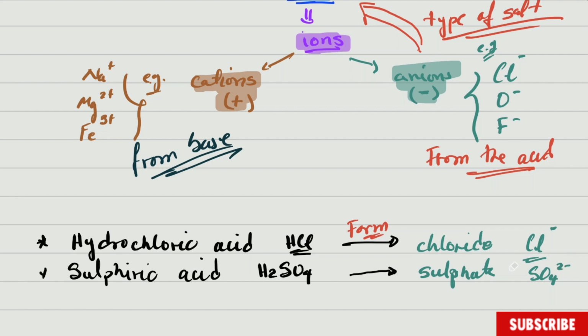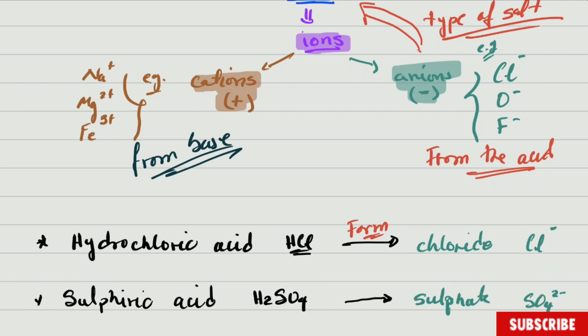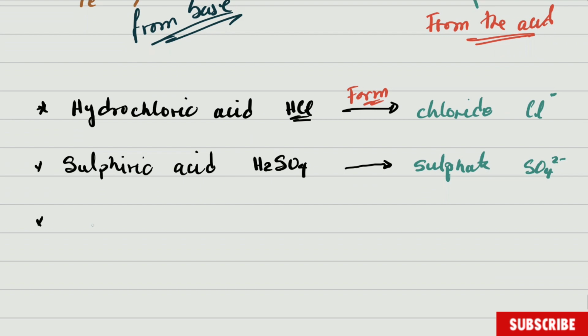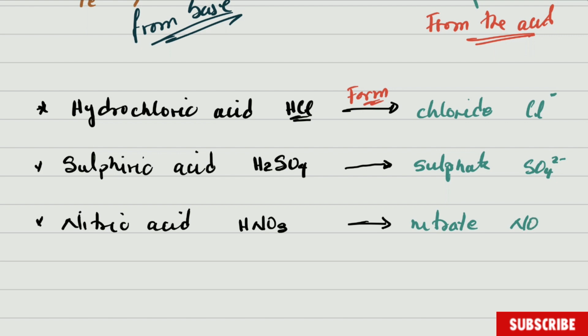The third one we're going to be doing is nitric acid. And if you get the trend now, this one will form a nitrate. And remember, the ion for nitrate is NO3-.